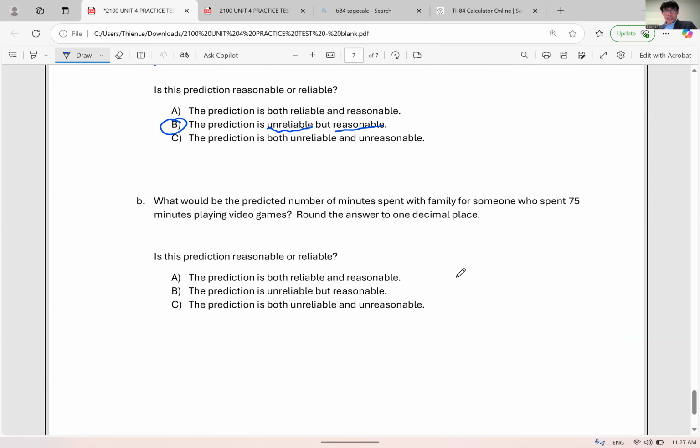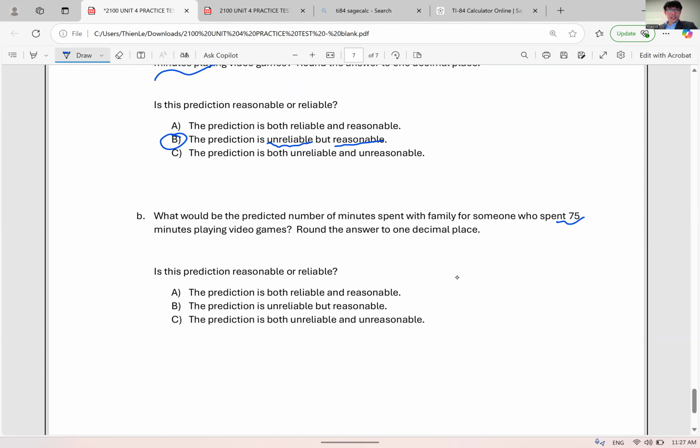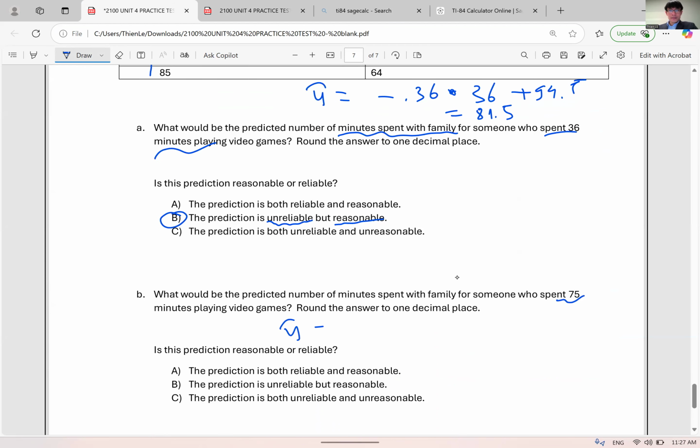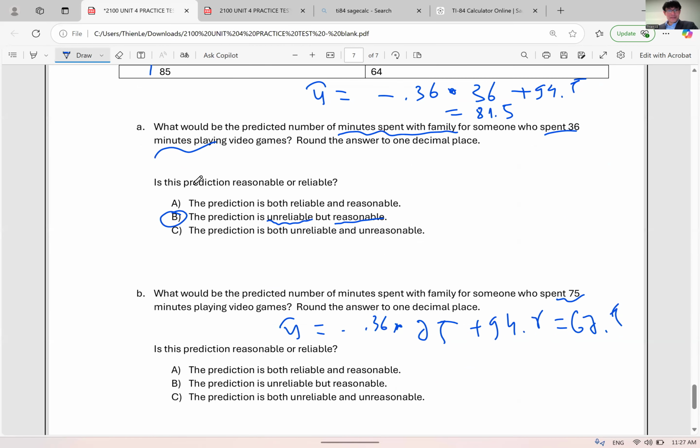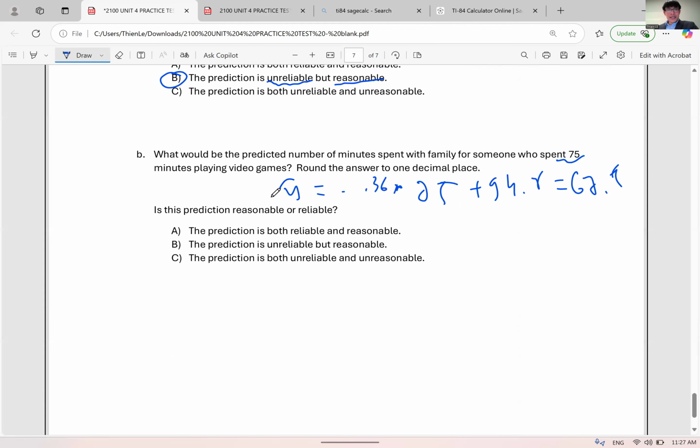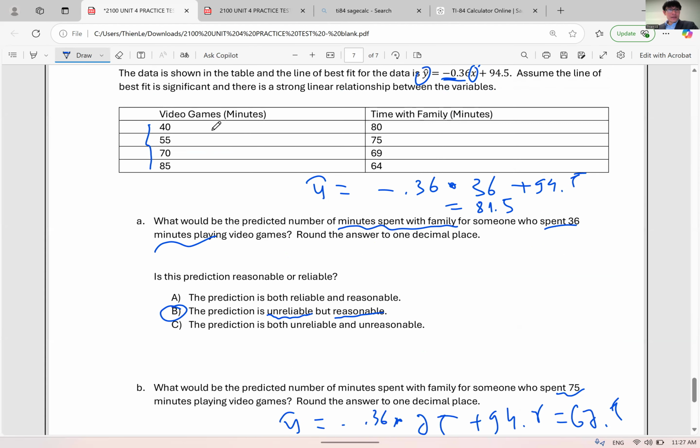How about this? What would be the number for someone who spent 75 minutes? Same thing, right? You plug in 75, and you get 67.5. In this case, you can see that your 75 belongs to the range, which means it's reliable. The prediction here also seems to belong.